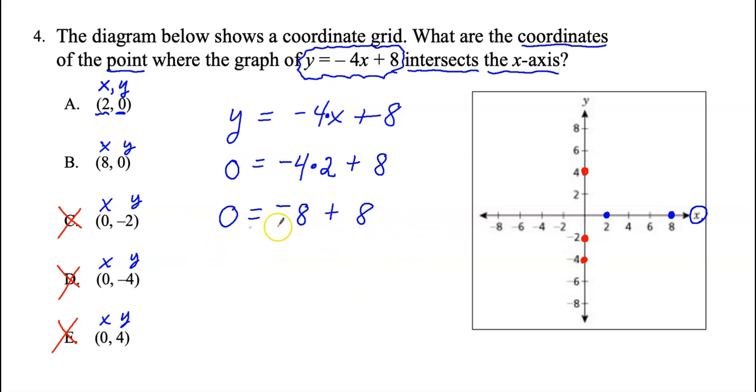What's -8 plus 8? That's 0. So this comes out to be a true statement. 0 equals 0. So since this is a true statement, A has to be my correct answer.